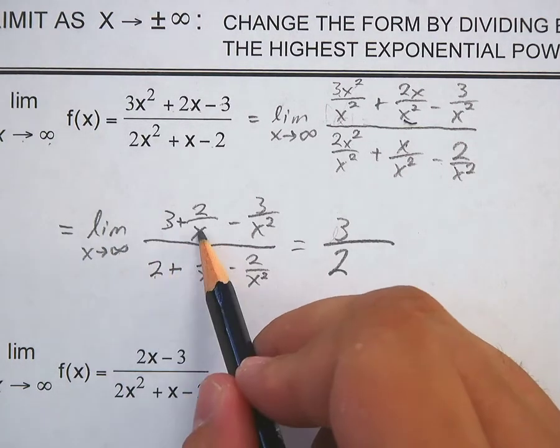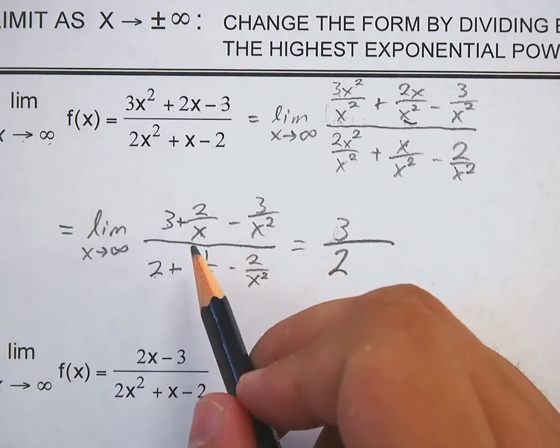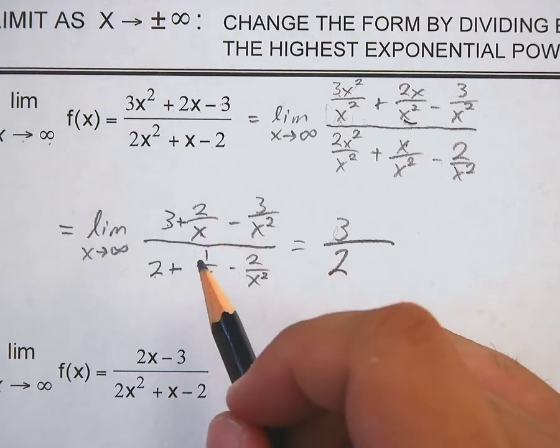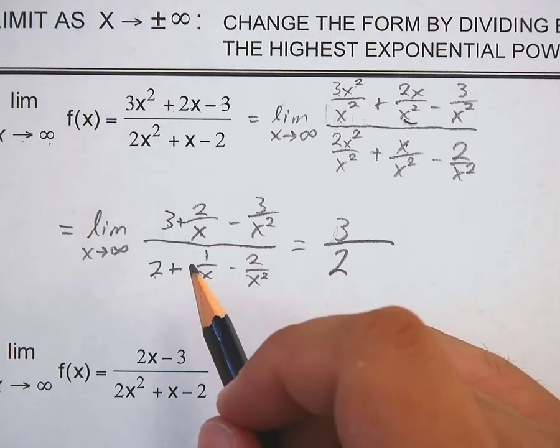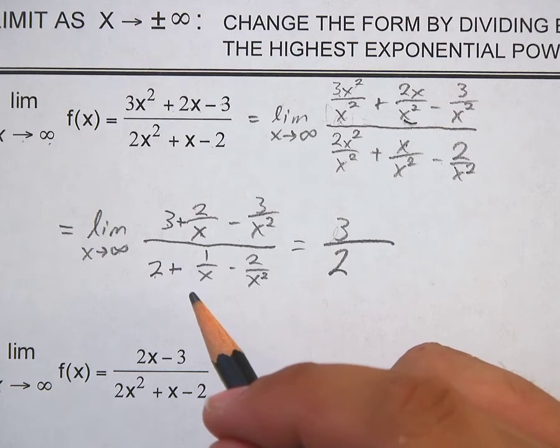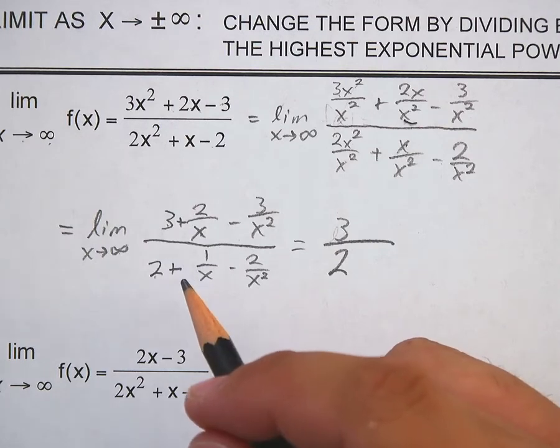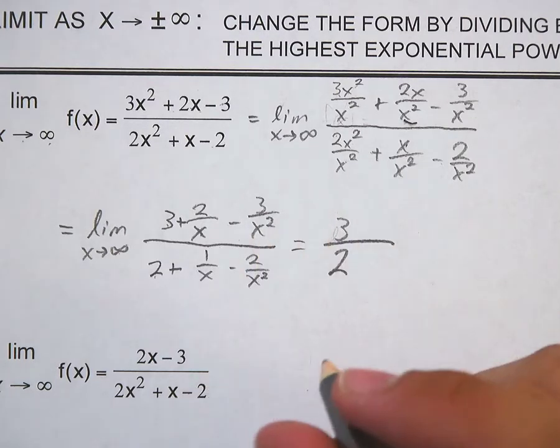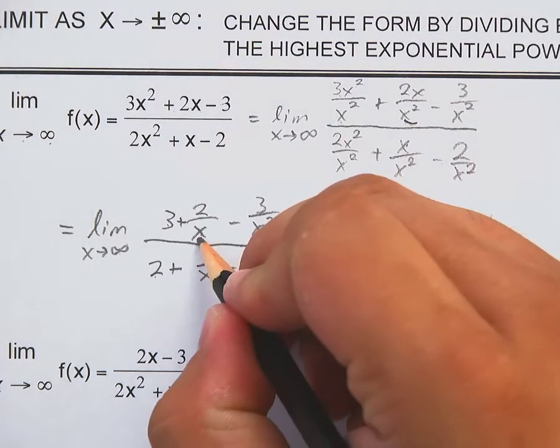Now if you put an infinity in here, let's say you start at 1. 2 divided by 1 is 2. 2 divided by 100 is going to be 0.02. 2 divided by 1,000. 2 divided by 1,000,000. 2 divided by 1,000,000,000. What's going to end up happening to this number?